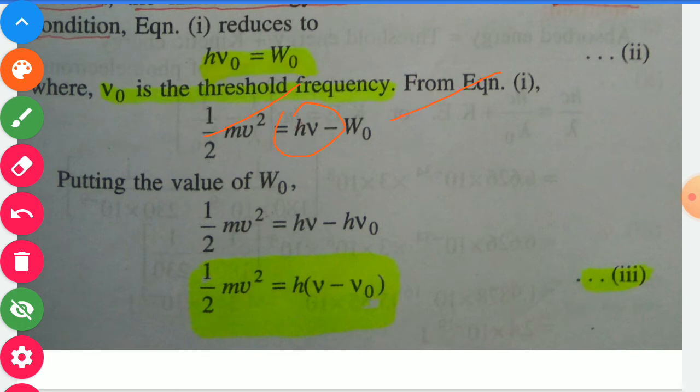And if there is no kinetic energy in the ejected electron, at that time h nu 0 is equal to work function. So if we replace the work function W0 with h nu 0, at that time we may write half mv square is equal to h nu minus h nu 0. So here half mv square is equal to h in bracket nu minus nu 0.